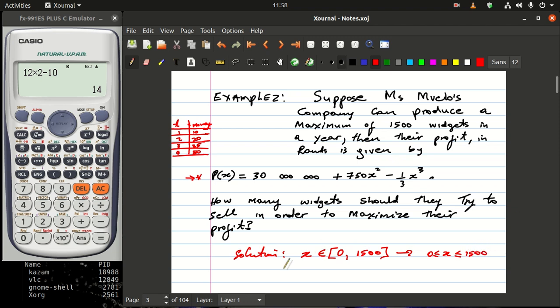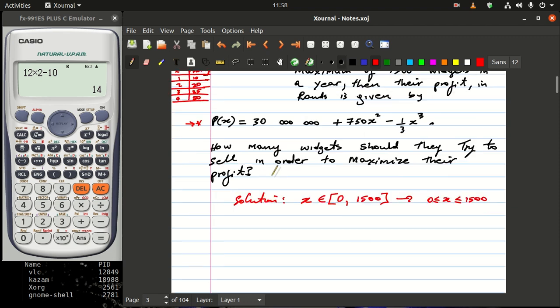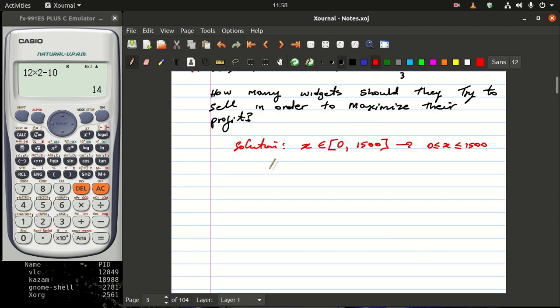Now, how many widgets should they try to sell in order to maximize their profit? What is important about this function is that it is a polynomial and it is continuous everywhere. So if you want to find the maximum value here, suppose you were going to draw this function. I'm just going to make a guess.